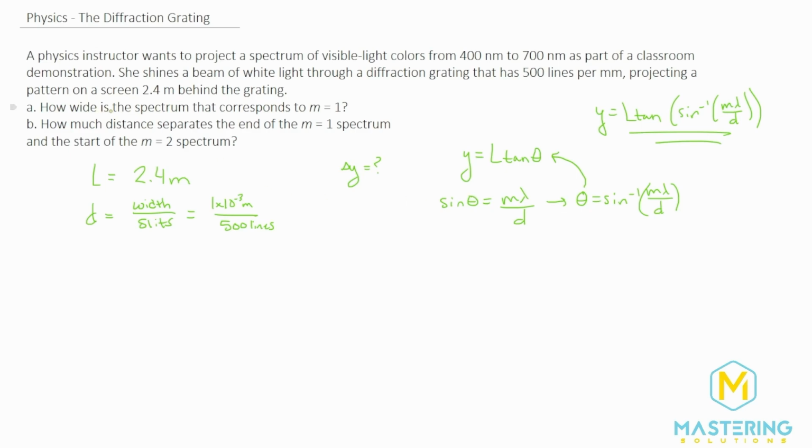So they want to know how wide is the spectrum? Well, we're using white light, so that's why we're going to use the minimum and the maximum so we can find the furthest and smallest points, and then that'll tell us how wide it is from that. If that was confusing the way I said it, it'll make sense here in a second.